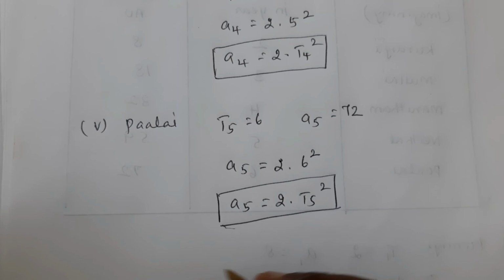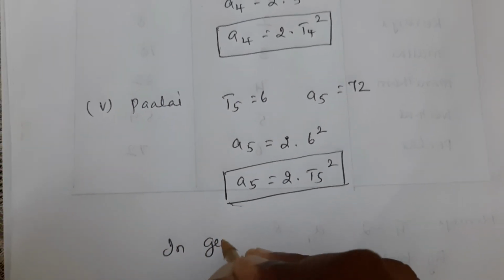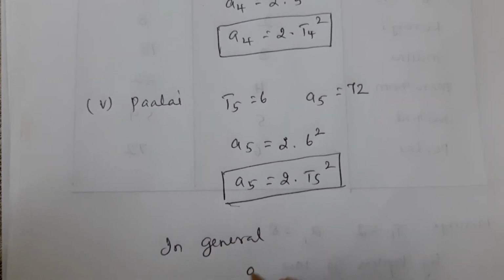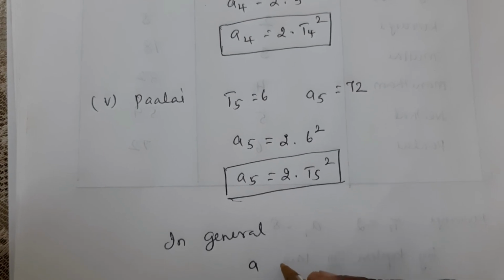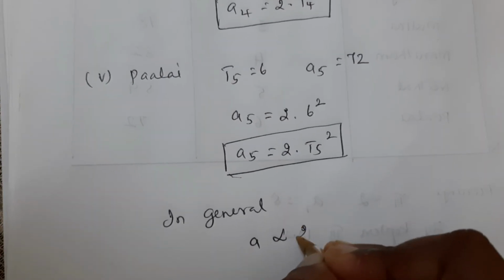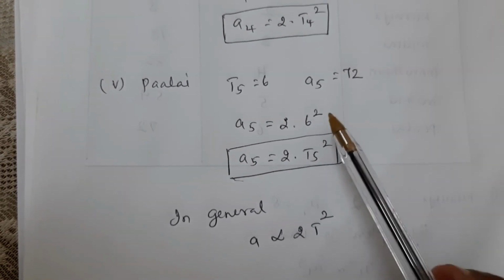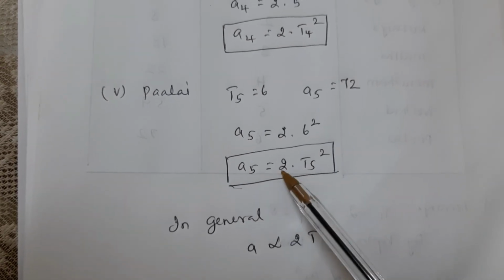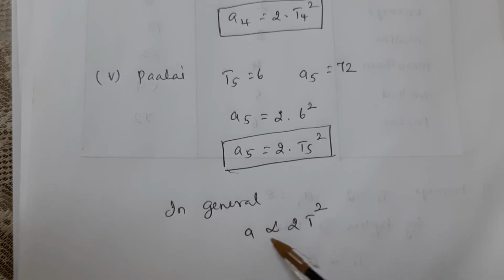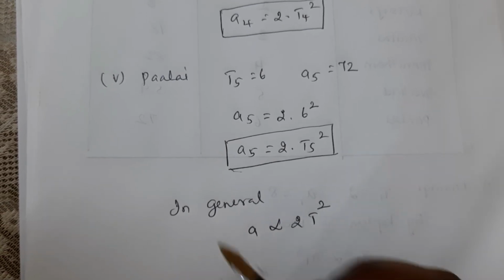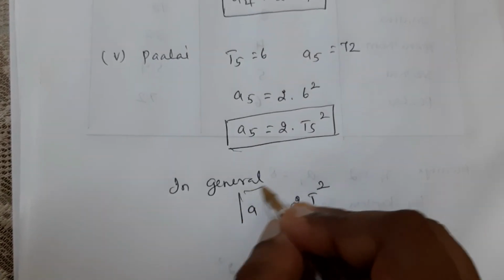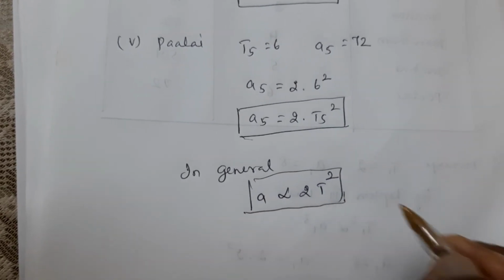So in general, we can write A is proportional to 2 times T square. So all the equations when you compare, you will be getting 2 times of time period. So A is proportional to 2 times T square. So this is the general equation we are getting.